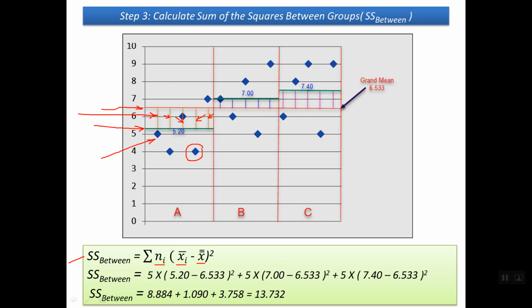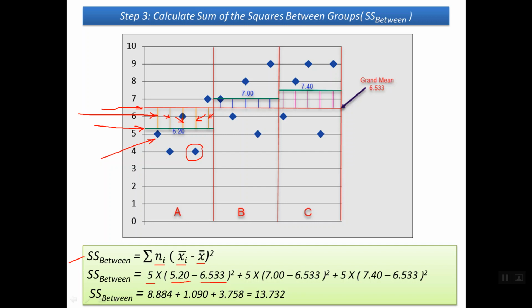So what's the total of these distances? We have 5 distances multiplied by the mean for group A, which is 5.20, minus the grand mean, which is 6.533, squared.